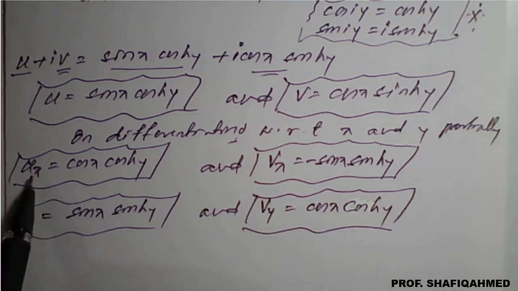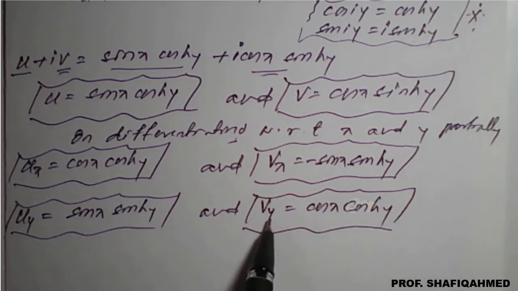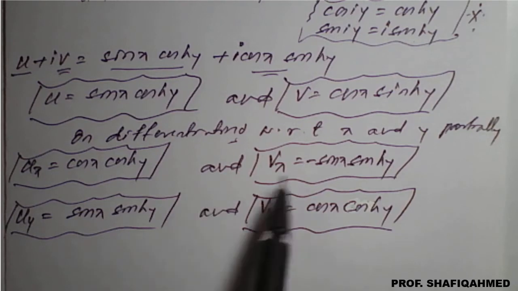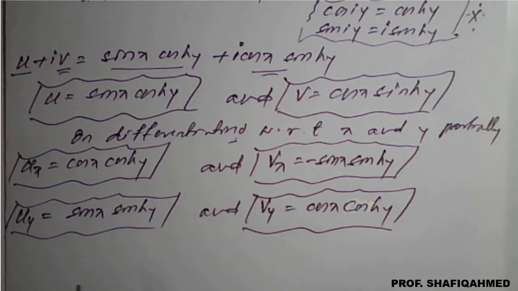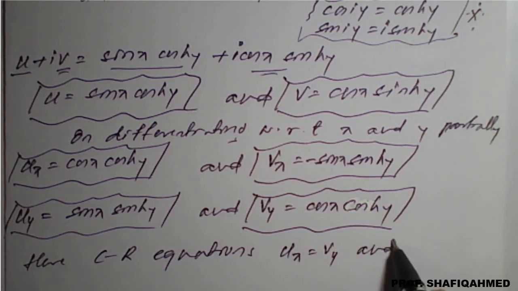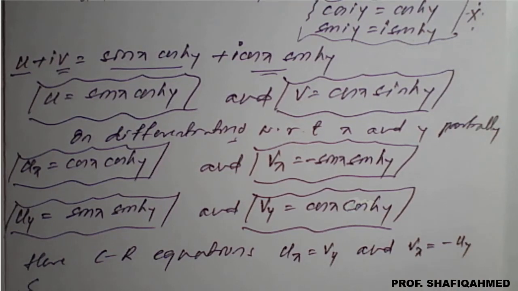You observe here the ux value we got is the same as vy, and vx is negative, but here the functions are the same, we got negative. So therefore I can say that the above partial derivatives satisfy the CR equations, that is ux is equal to vy and vx is equal to minus uy.